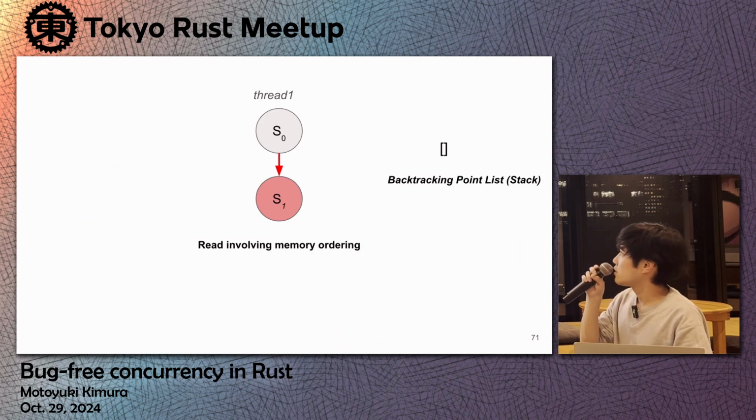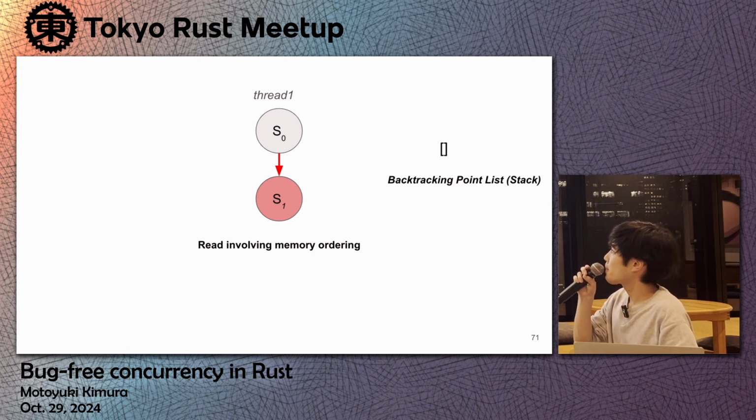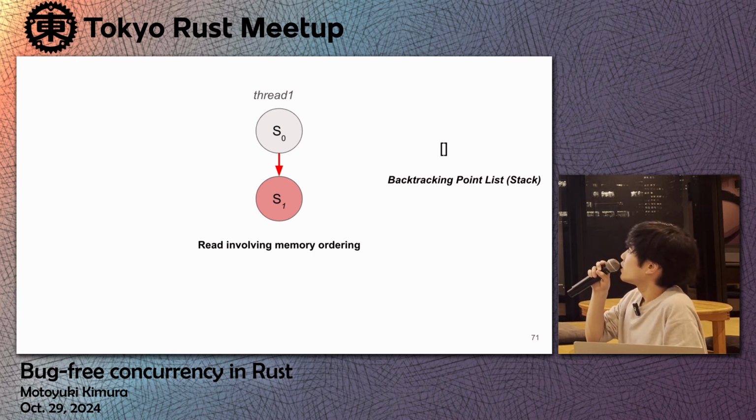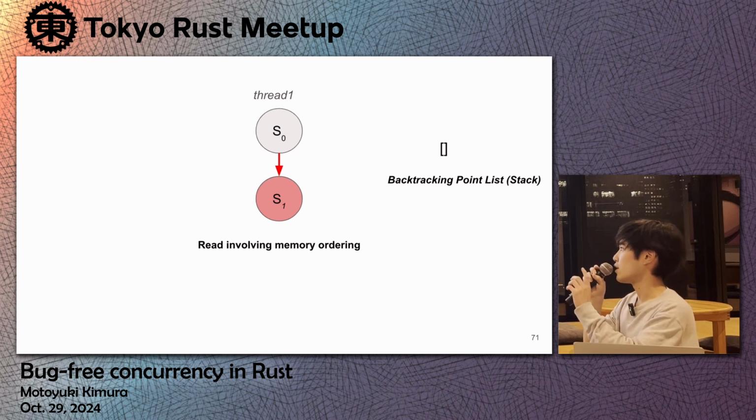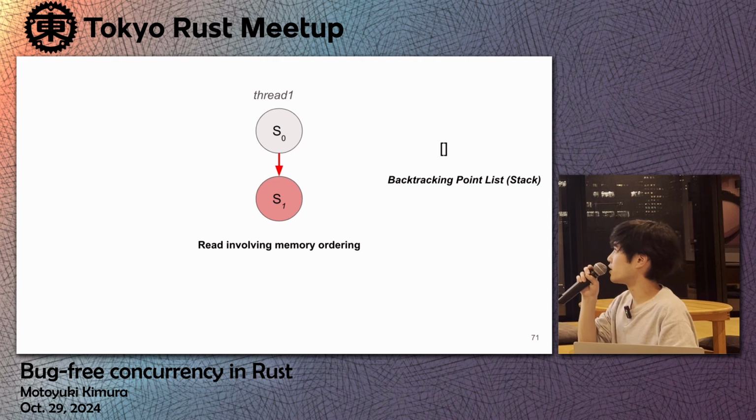This sounds a bit complicated, but by extending the previous method, we can apply our algorithm to handle this memory ordering complexity. This is again the DPOR graph, and let's say we hit S1, a read involving memory ordering.